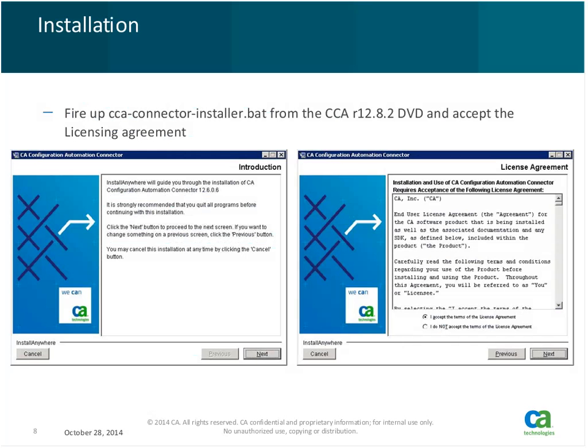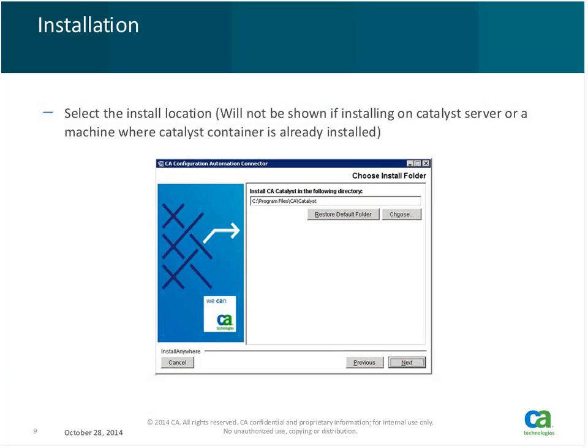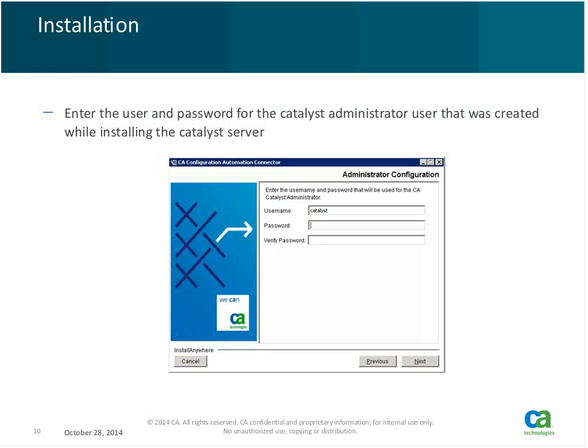After that, it will ask for the location where you want to install. So we can select the location. It will ask for the username and password, whatever you have given for Catalyst server.